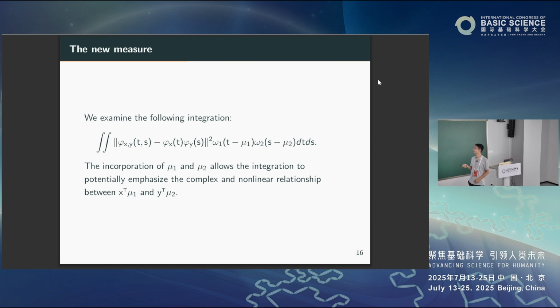Now the question is how to evaluate the integration. Does it still have a closed form expression?